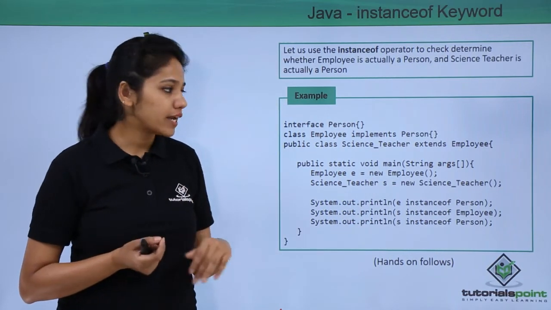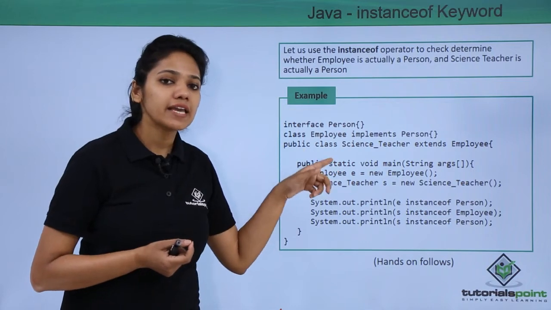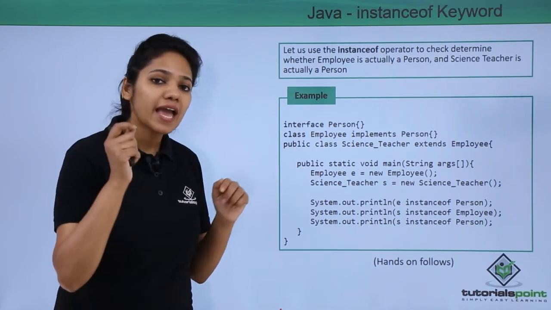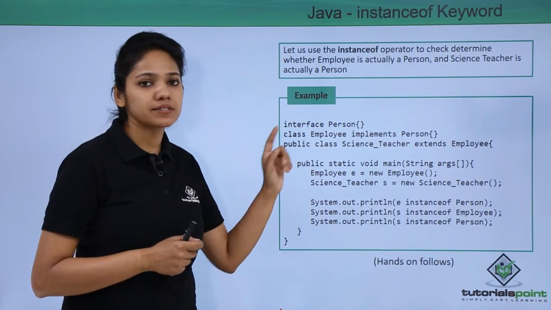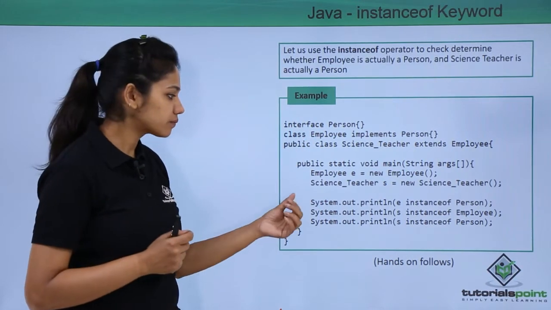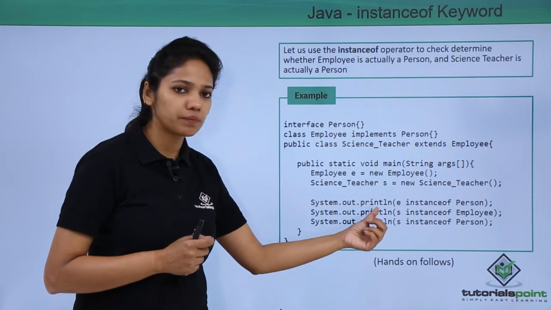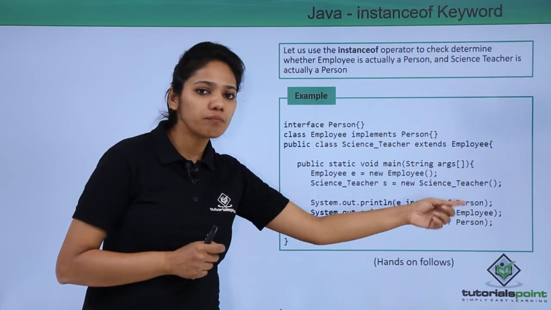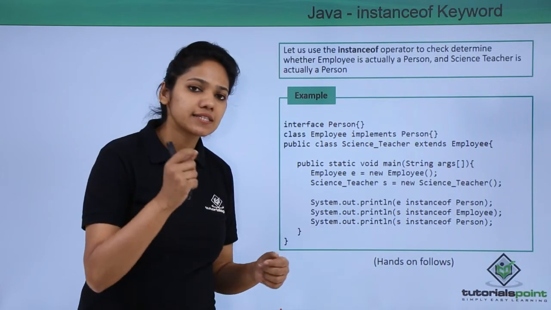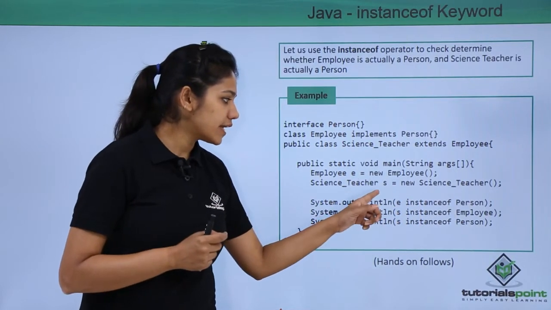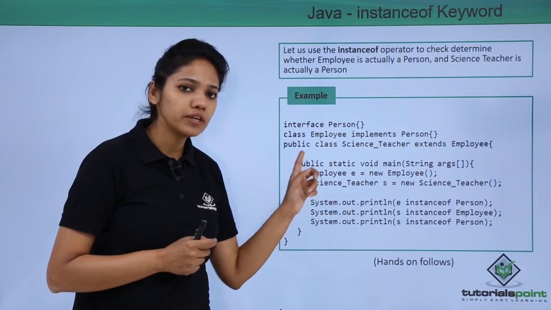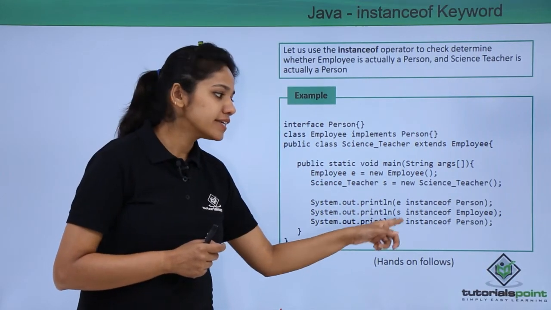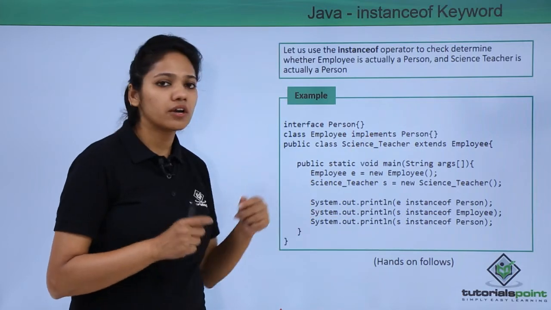Now we want to check whether this science teacher is an instance of the employee class, and whether it is an instance of the person interface or not. So in System.out.println, in the brackets, we check whether E is an instance of person with the keyword instanceof. Next, whether S is an instance of employee or not. Third, whether S is an instance of person or not.